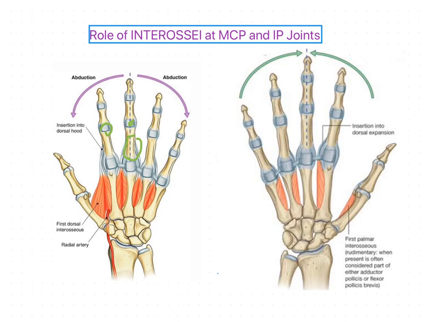However, these muscles have a reasonable moment arm for abduction and adduction because the muscles lie much further from the AP axis for MCP joint deviation. If you see this, this is the MCP joint. Here you can find the AP axis for MCP joint deviation. So the AP axis is present like this for this joint.